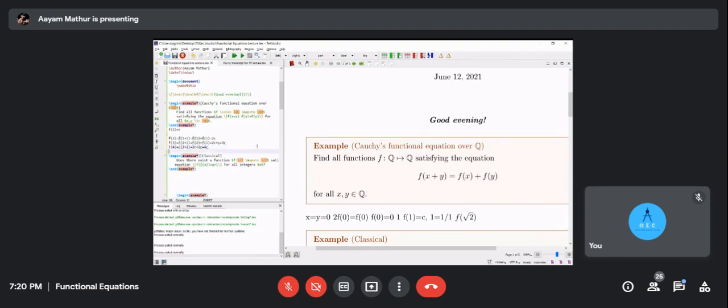Do you guys see a pattern here? For any natural number, you could just say f of n equals f of n minus a plus f of a, where a is any other smaller natural number, and you get this.